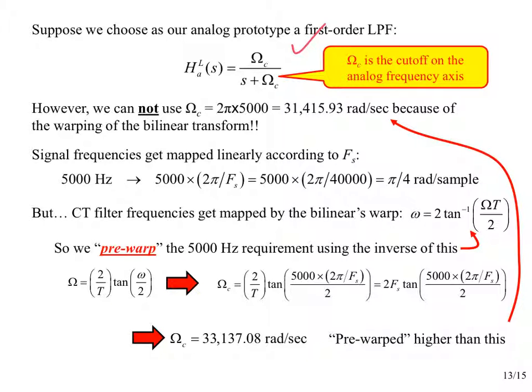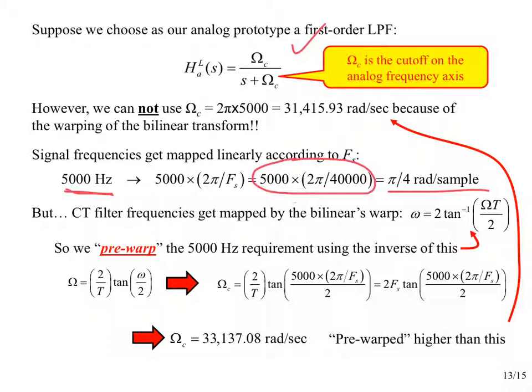So here's our signal frequency, 500 hertz, and we can convert that as we did before into discrete time, but we can also just think about converting that 5,000 hertz. We've got 5,000 times 2 pi, which converts it into radians per second, and then times T, where T is 1 over 40,000. So this quantity here is capital omega T for our cutoff.